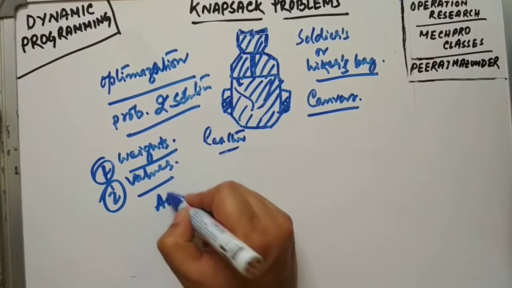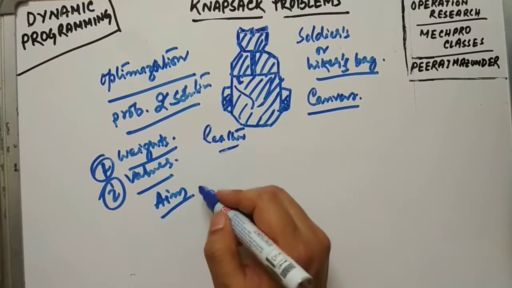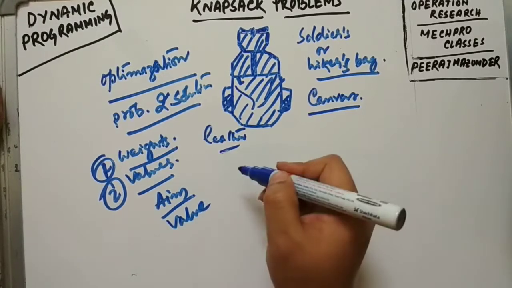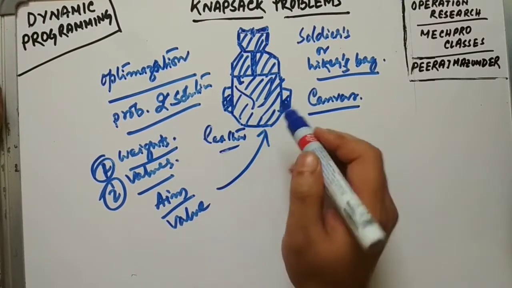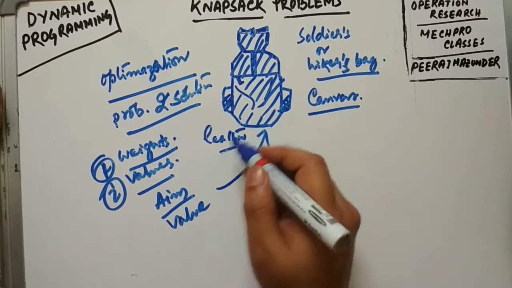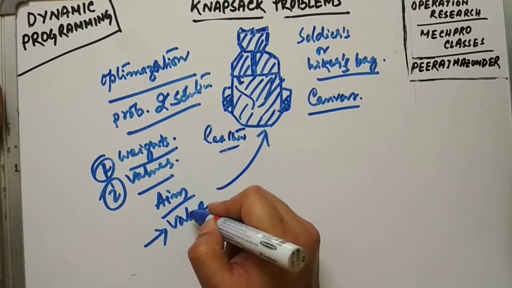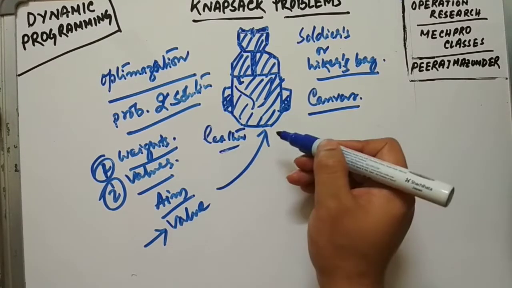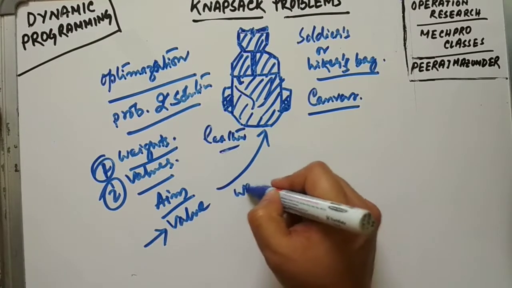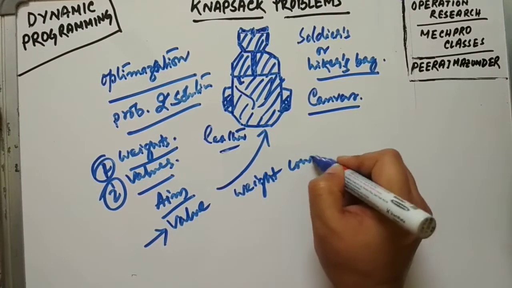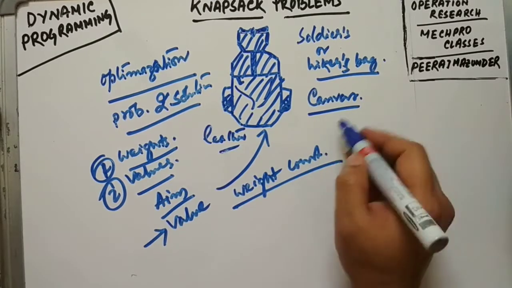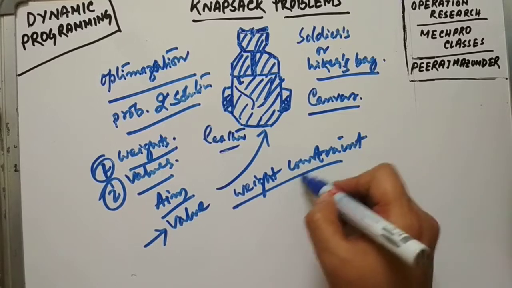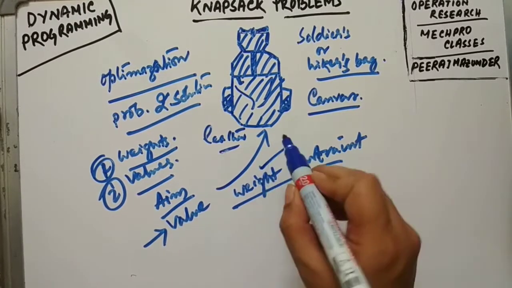Our aim is to get as much value into the knapsack as possible, given the weight constraint, when weight is your constraint. You already know what is constraint. So this is the weight constraint of the knapsack.